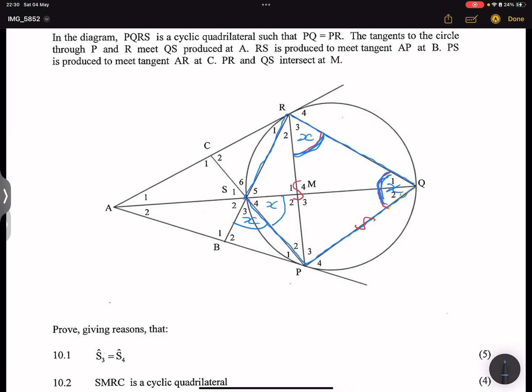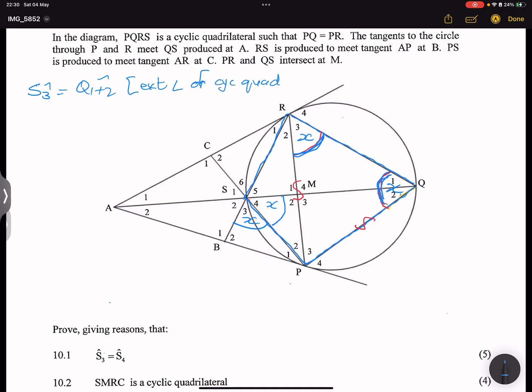Okay, so we're using deductive reasoning, right? So we're saying S3 is equal to, we said Q1 plus 2. And in this case, why did we say that? We said it's the exterior angle of a cyclic quad, right? A cyc quad.